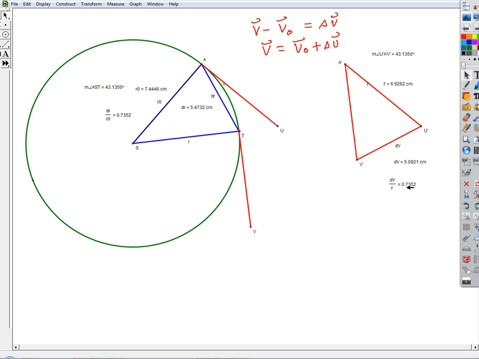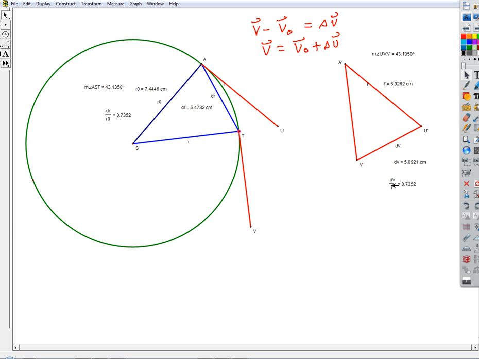Because they're similar triangles, the ratios of corresponding sides should be equal, right? Doesn't that make sense? Yeah. So in this case, we just did the ratio of short divided by long equals short divided by long for this triangle.